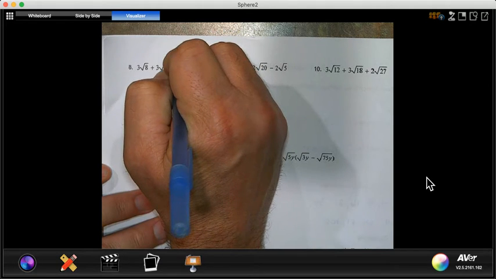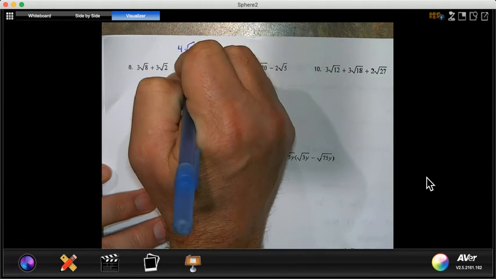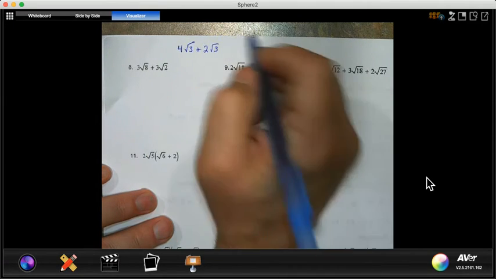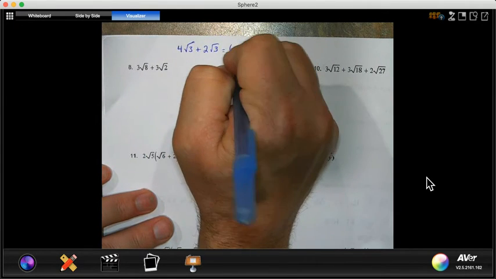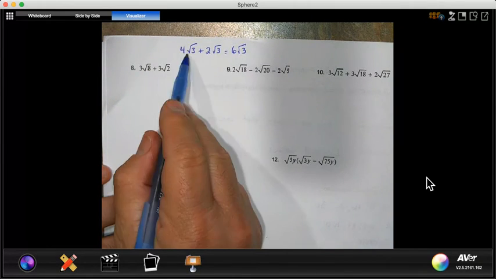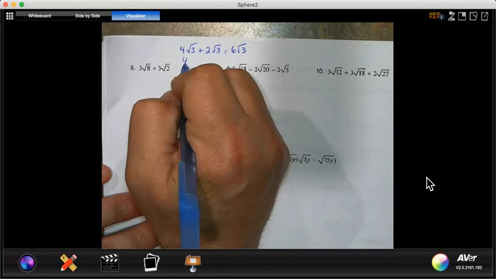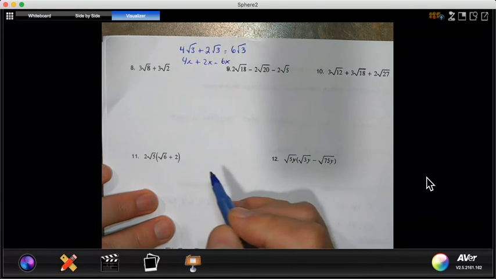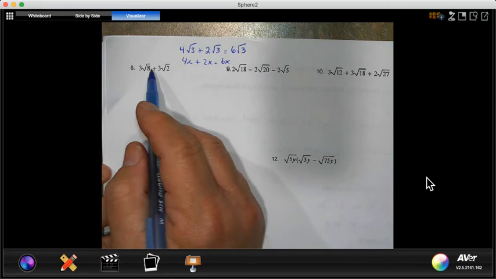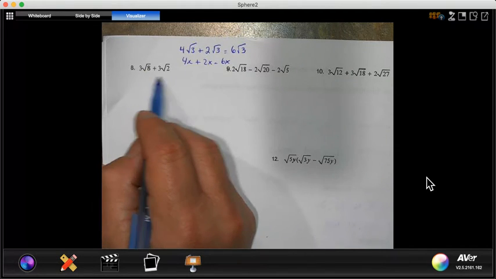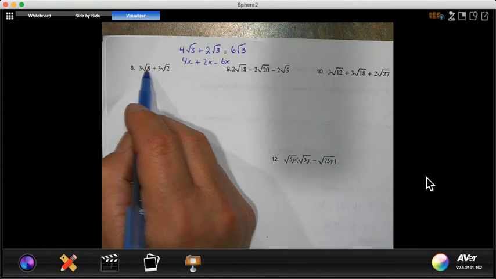So if I had 4 root 3 plus 2 root 3, the answer is 6 root 3. So the roots are like variables, because if you had 4x plus 2x, that would be 6x. So the rule for adding radicals is they have to be alike in order to add them, otherwise you can't add them, okay? So we can't add these together because they're not alike.